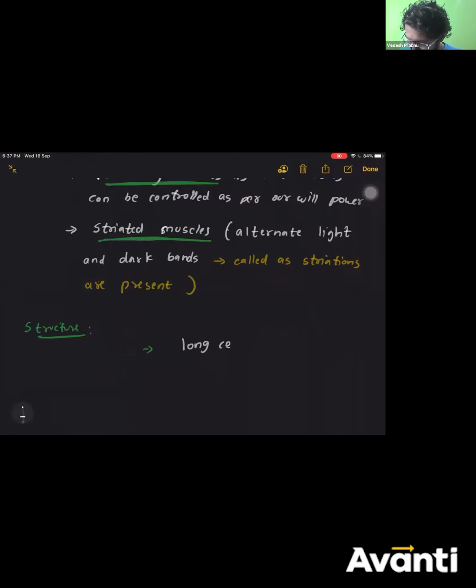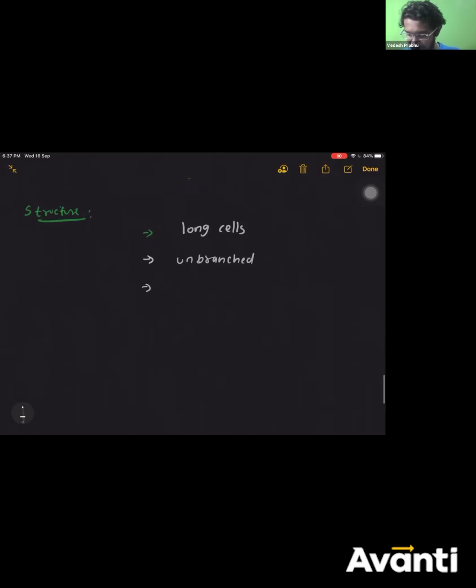These cells are not branched, unbranched. I will show the diagram so that you can understand it better. Here I just write all the points and then we'll see everything together. So long cells, unbranched. And if you look carefully, these are in the shape of a cylinder, a long cylindrical shape.